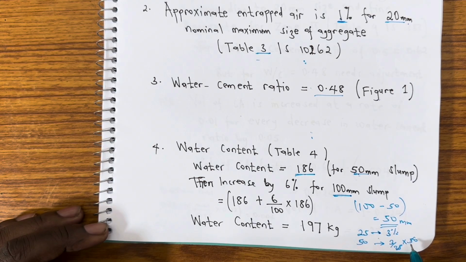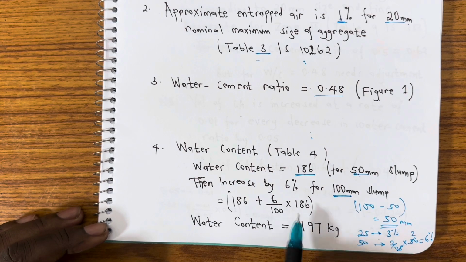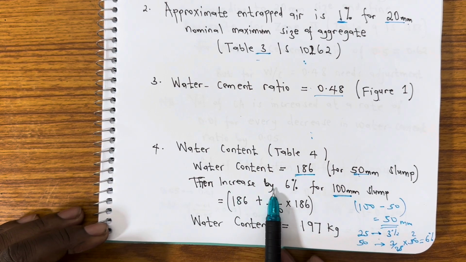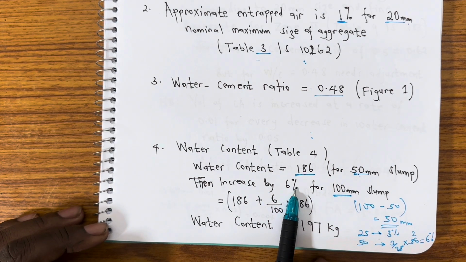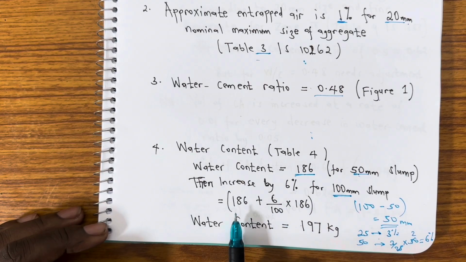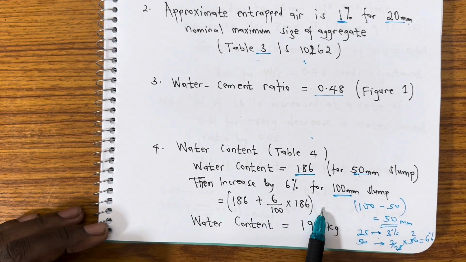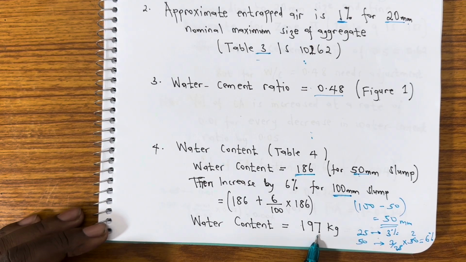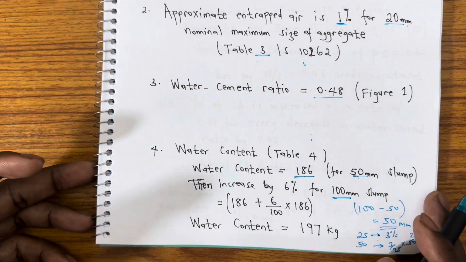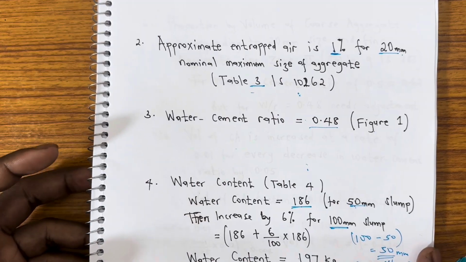You realize that this is 2, so it will be 6%. That is why I've said increase it by 6%. I hope you have understood that point clearly. So 186 plus 6%, which is 6 out of 100 times 186, gives a water content of 197 in kilogram, per cubic meter.